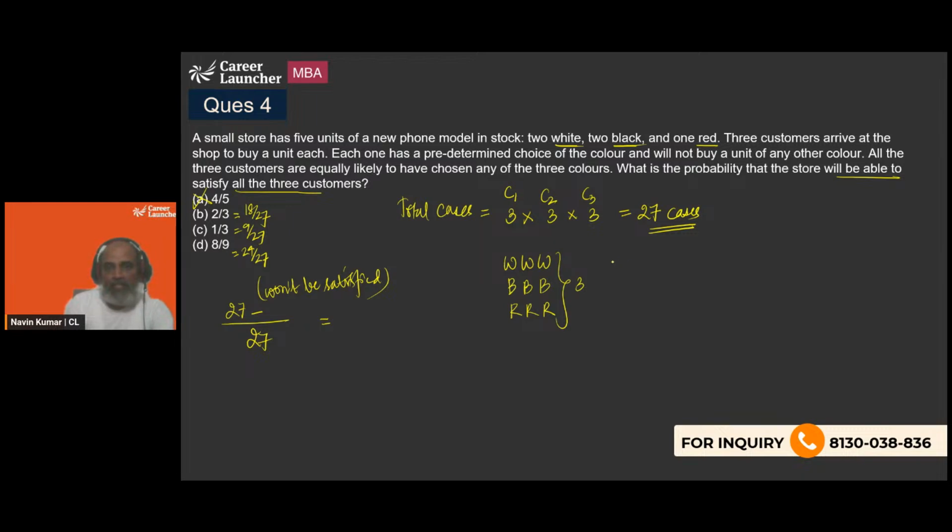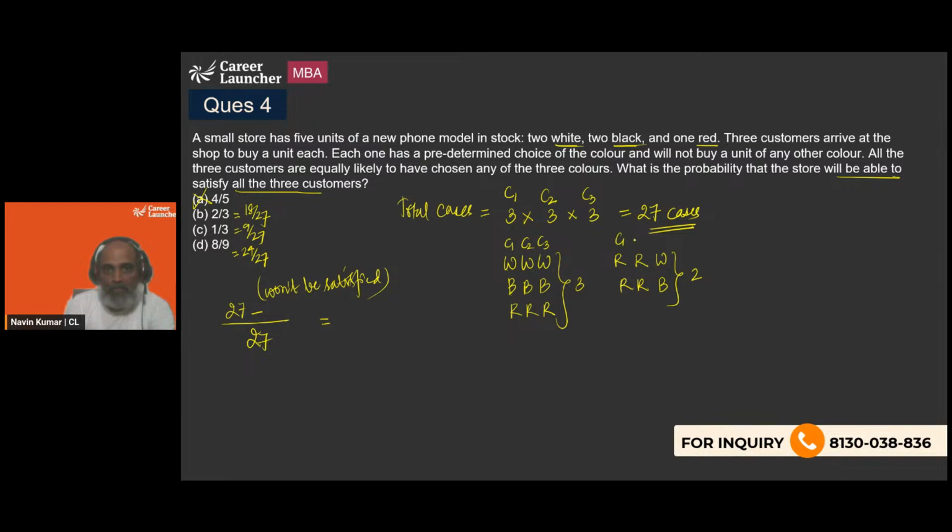The other one is if 2 customers need red and a white, or 2 customers need 2 red and a black, right? So we can't do this, right? So this is 2 cases. Any other possibility? No. But now, since the customers are named, C1, C2, C3 want white, white, white, black, black, black, and red, red, red.